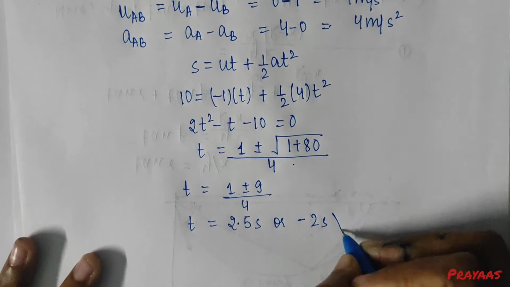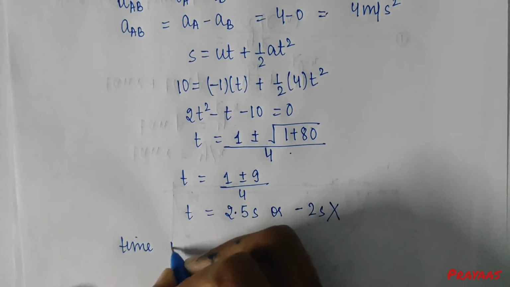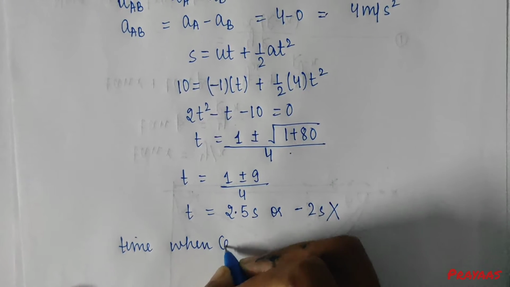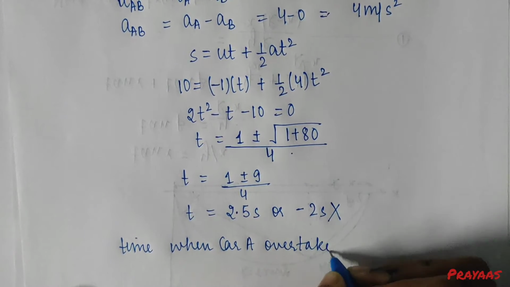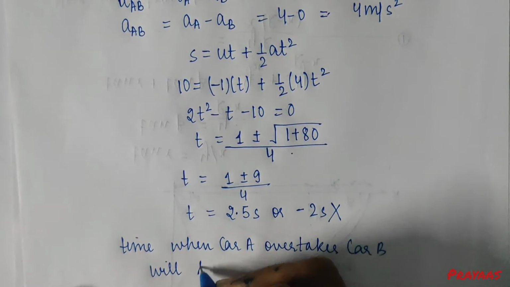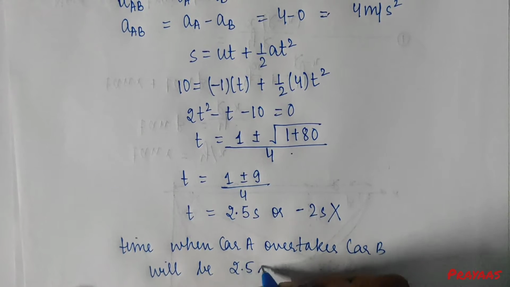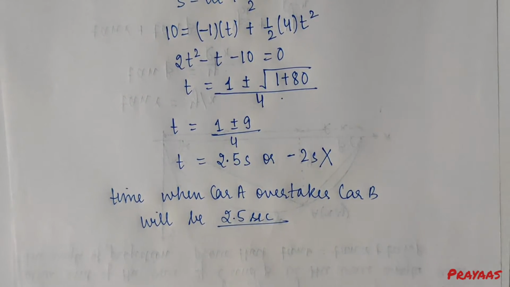I am ignoring the negative value for the time. So the time when car A overtakes car B will be 2.5 seconds. In 2.5 seconds, car A will overtake car B.